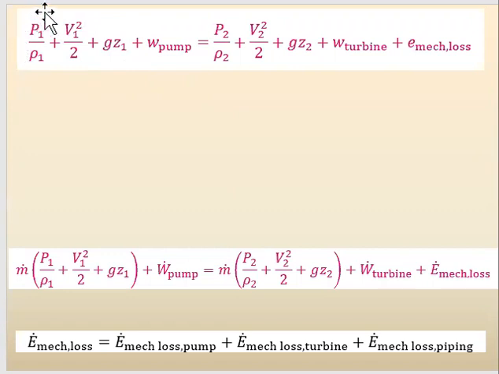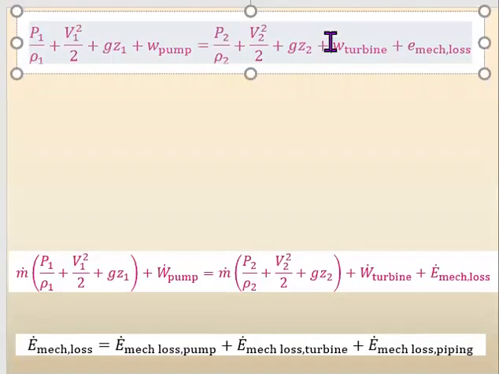The total initial mechanical energy, if we install a pump between point 1 and 2, plus the energy that is gained from the pump, is going to be equal to the mechanical energy at point 2, plus the mechanical energy that is lost as a result of having a turbine, plus the mechanical energy lost because of frictional loss, because of the piping, because of the tubes.